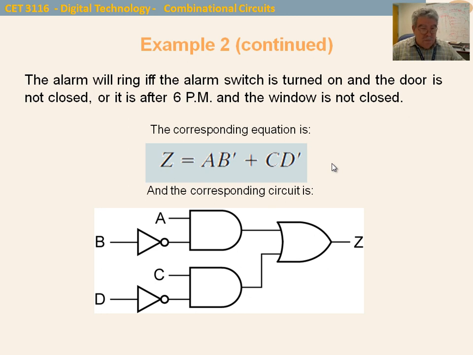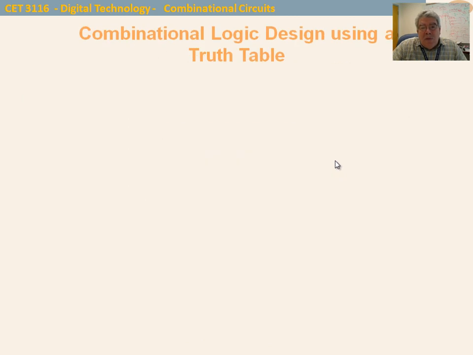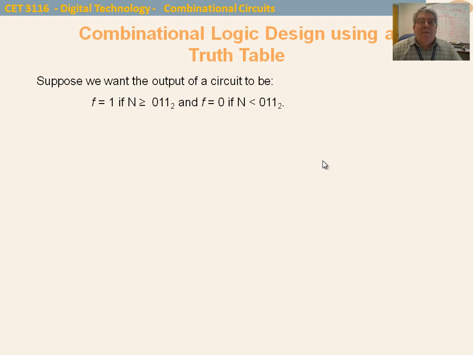Now, the other aspect is that we're going to be using truth tables. So next, we're going to look into the case in which, having the truth table, this step that we already completed for the first case, we're going to use that to get into the design.